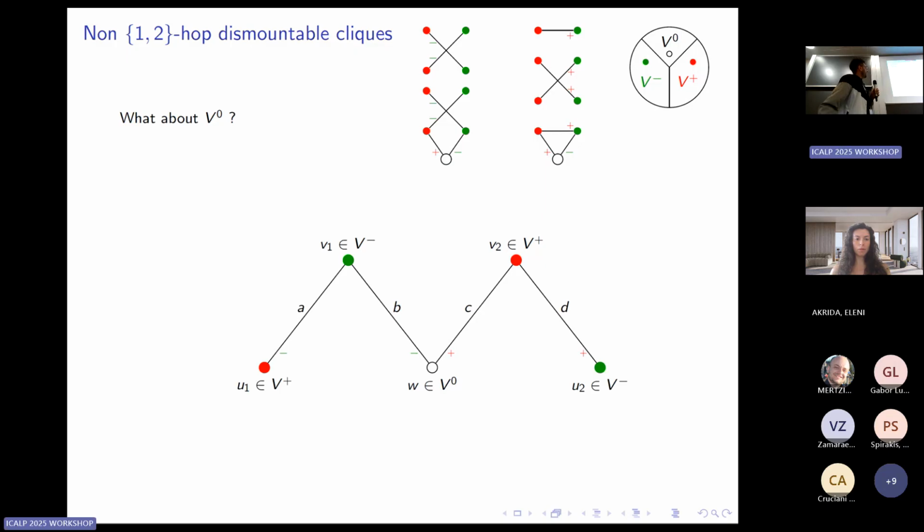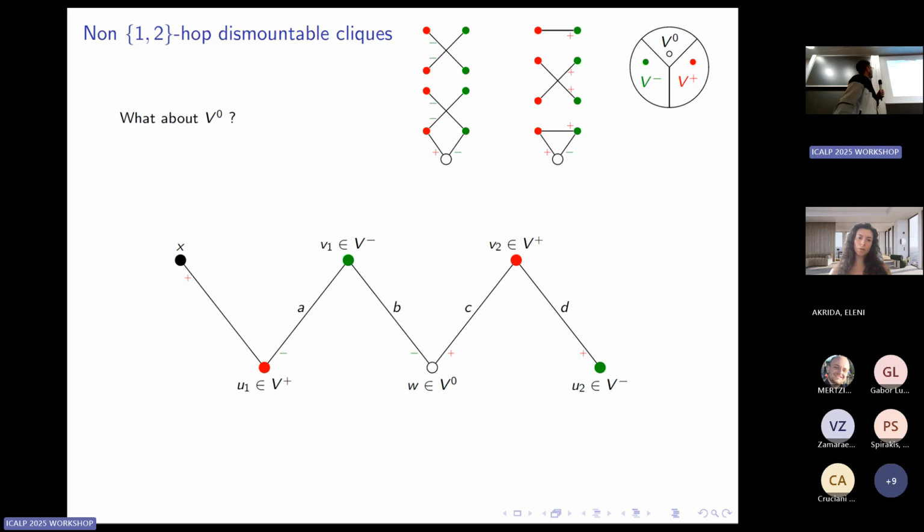And now, because of the two matchings, there should also exist U1 and U2 such that the minimum edge of U1 is sent to V1, and the maximum edge of U2 is sent to V2.